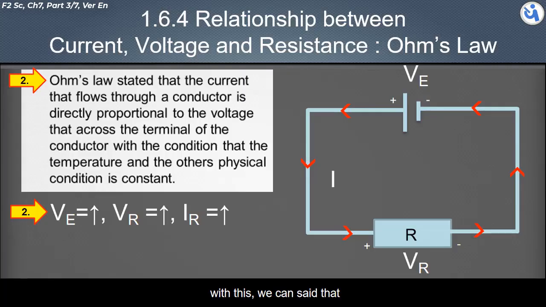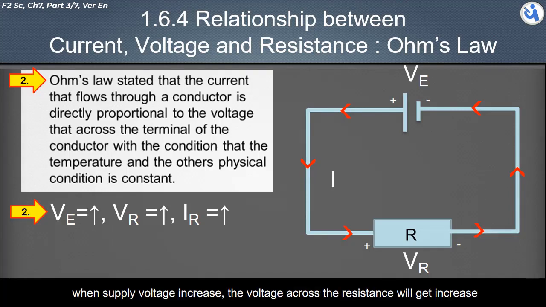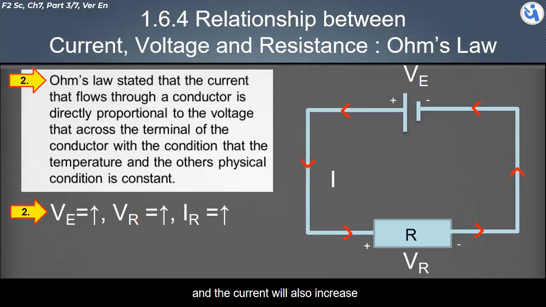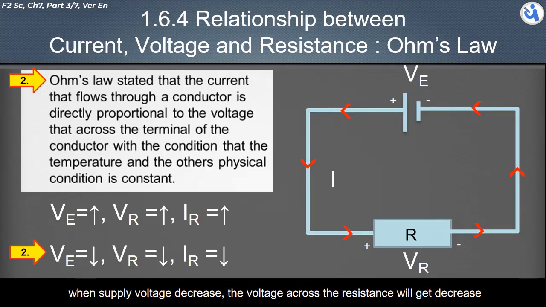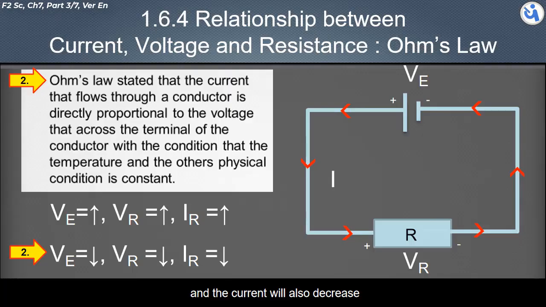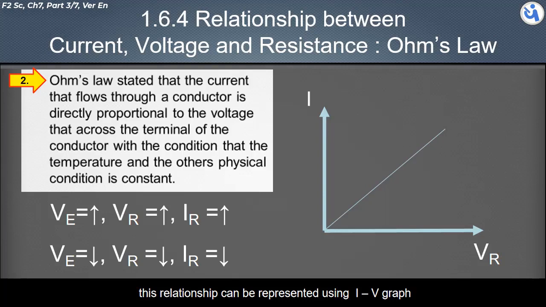With this, we can say that when supply voltage increases, the voltage across the resistance will increase, and the current will also increase. When supply voltage decreases, the voltage across the resistance will decrease, and the current will also decrease. This relationship can be represented using an I versus V graph.